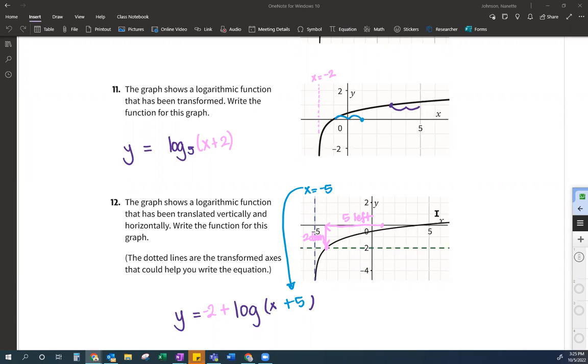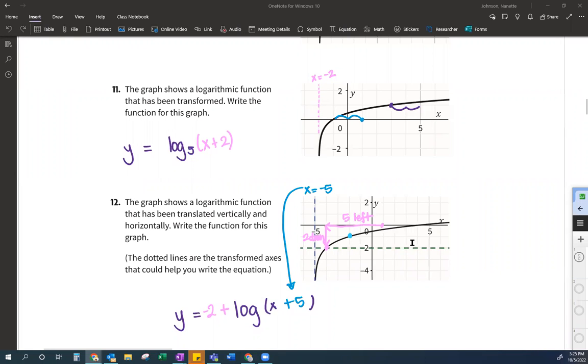Because I really need to find my base, because right now my base could be anything, right? I could put a 10 in there, I could put a 2 in there, and the asymptote would be correct, and that point would be correct. So I'm looking at this point right here, because it's a good point, number one.